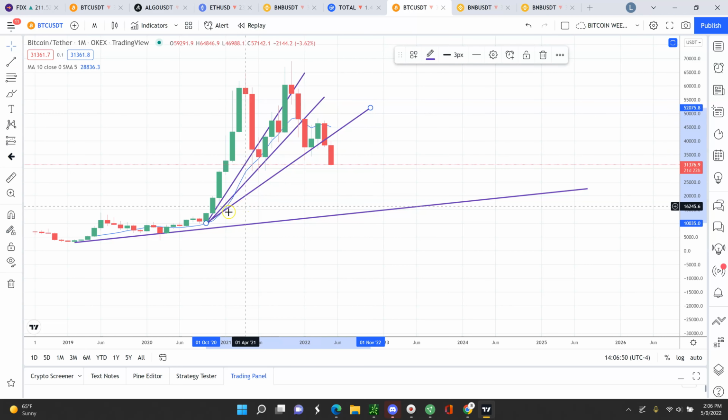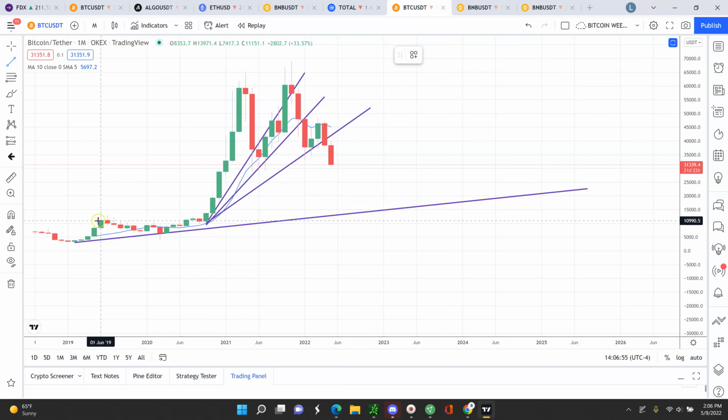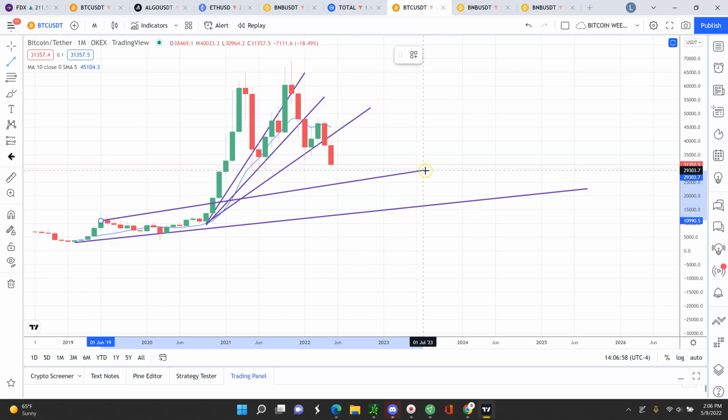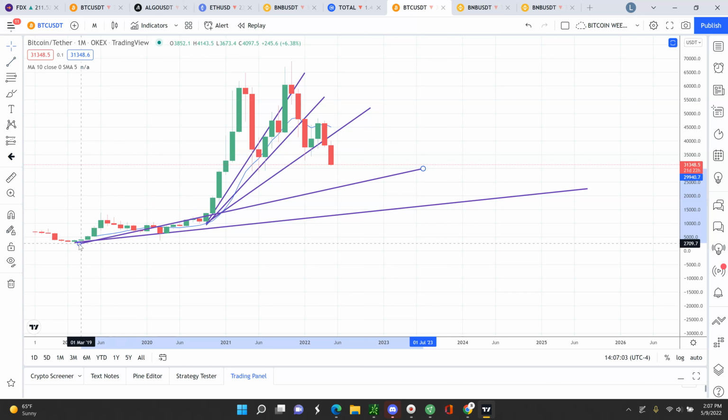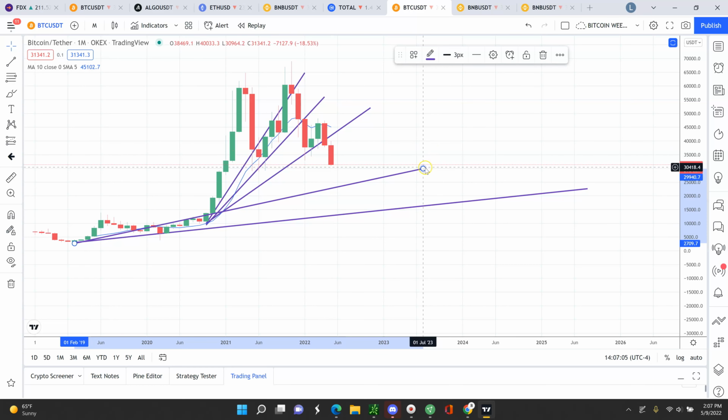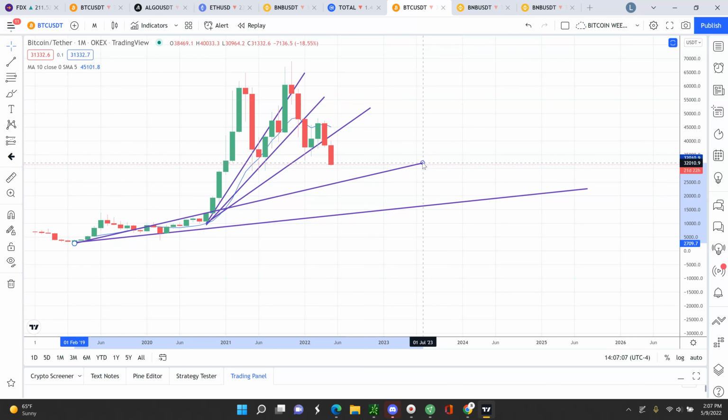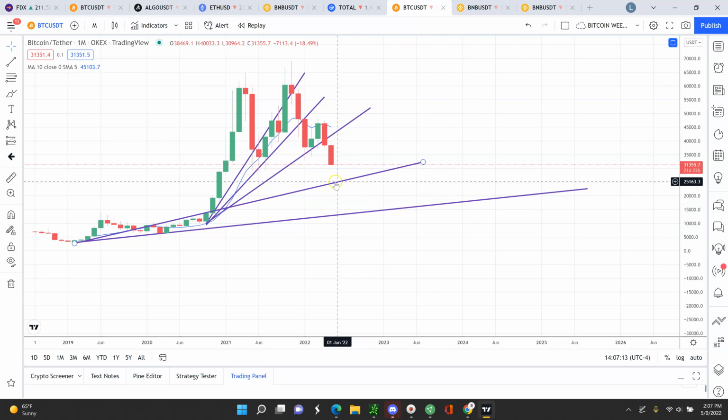And there we go. And actually, let's fix this one. We're going to come from here, we'll go over top of these here. And here's another one. So from a long-term point of view, we have this 25,000 area.